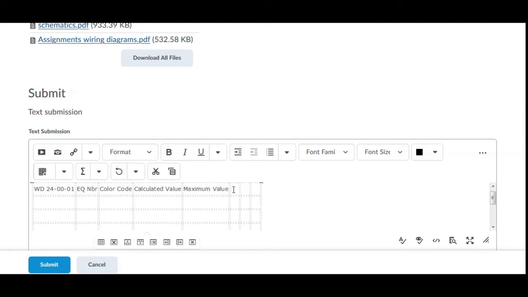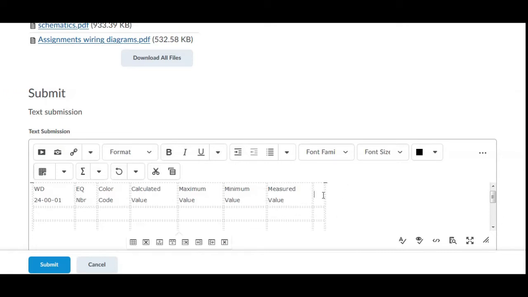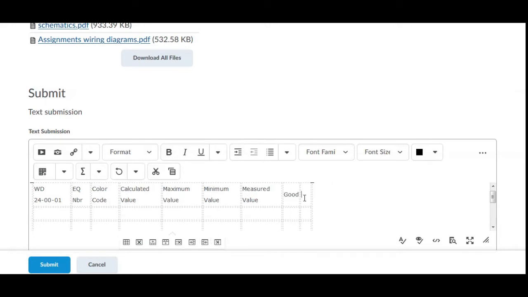We are looking for the minimum value. And we are looking for the measured value. I didn't put enough columns in there, so I'll insert a column.